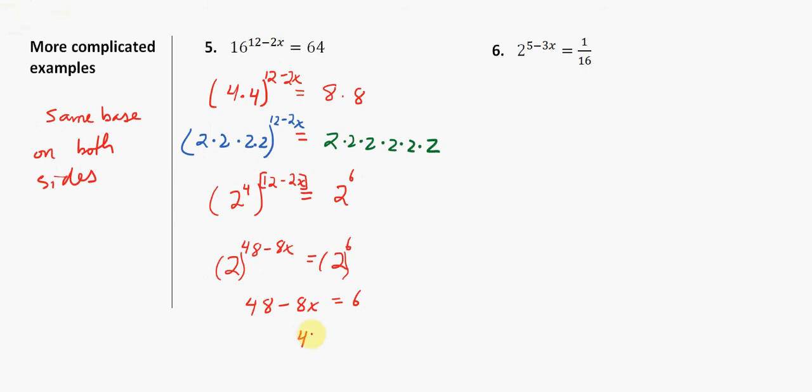Subtract 6 from both sides and add 8x to both sides, and then divide both sides by 8, so that you get x equal to 42 over 8. We can simplify that down a little bit more. This is 21 over 4 as our final answer.